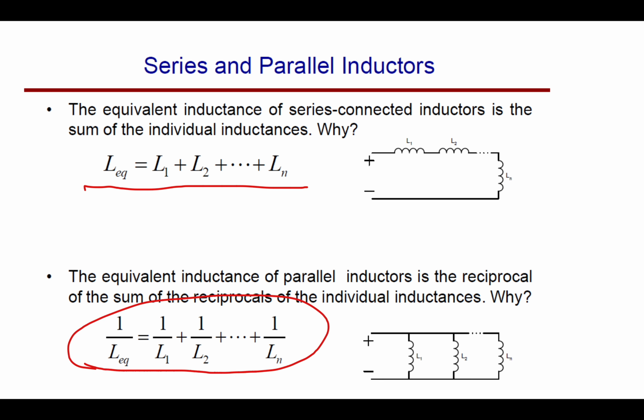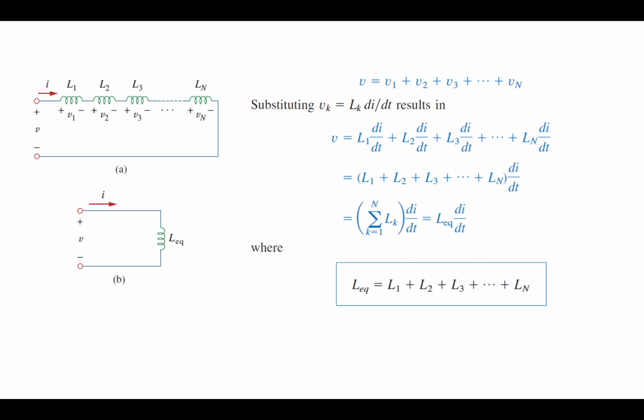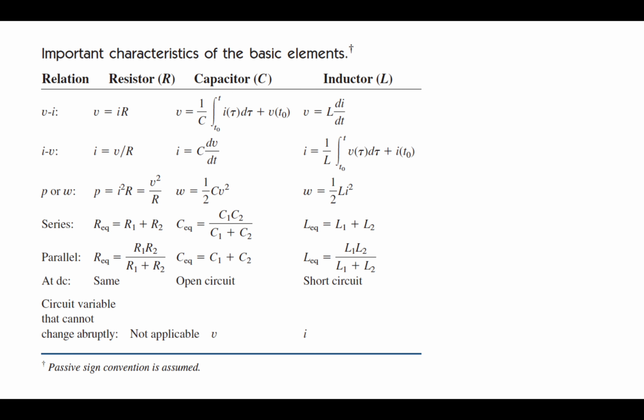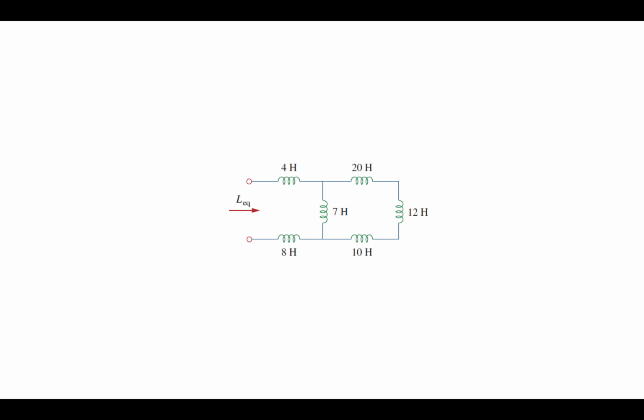So it's similar to resistors in parallel. We will not introduce how to derive this relationship, just remember the conclusion. This is a parallel. So let's take a look at an example.